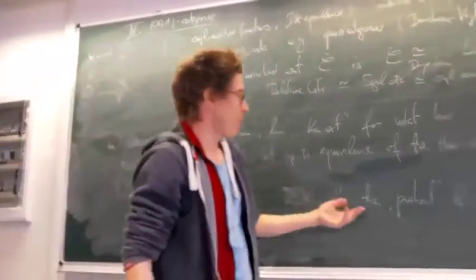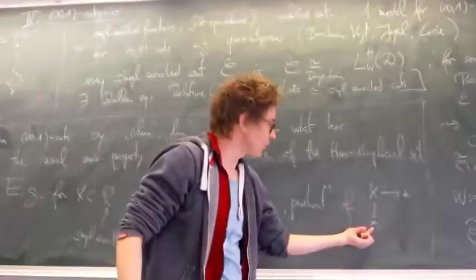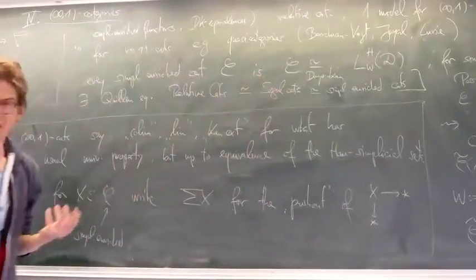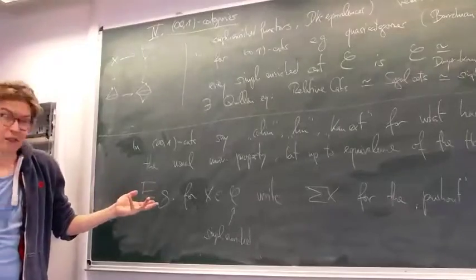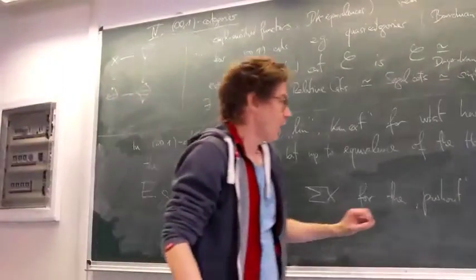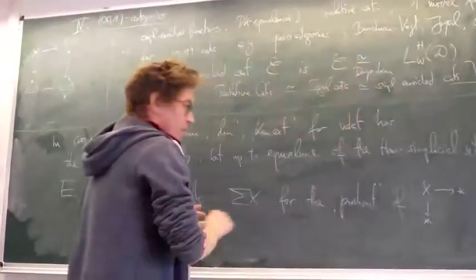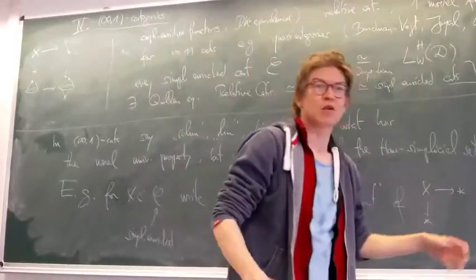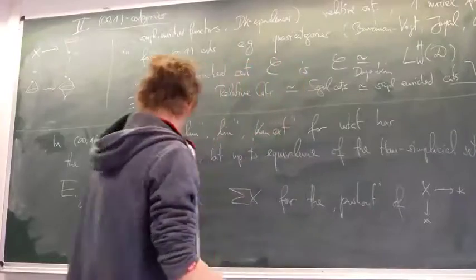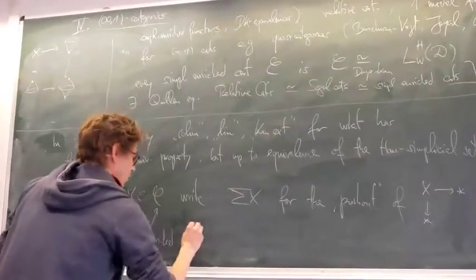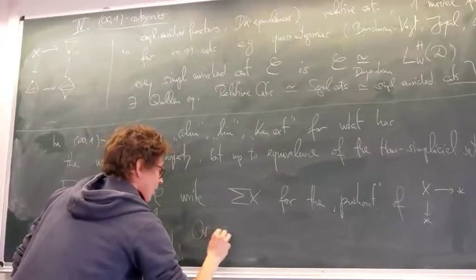Just maybe to make another remark, so what does this mean? This point, it's a terminal object in, well, let's say the infinity category of spaces. And that means that the space of maps from any object to that one is contractible.